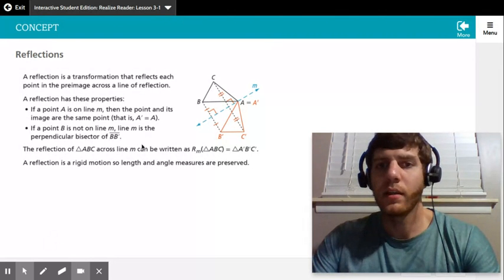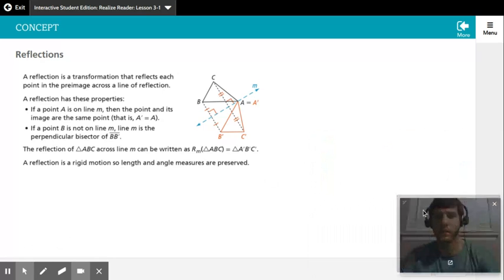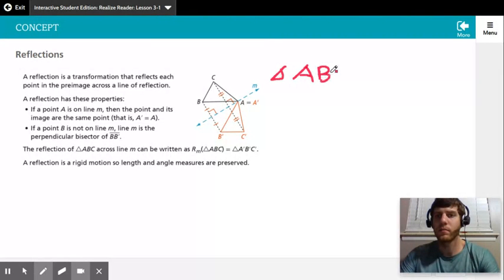Just a word on the notation here before we go to the example. Usually your preimage, you're going to call it just normally, like A. So here we have triangle ABC, and we're going to reflect it.